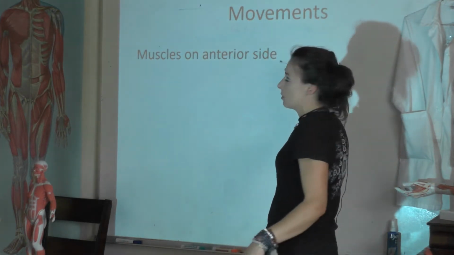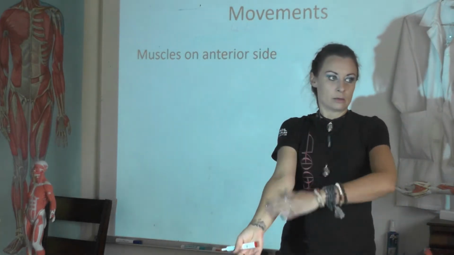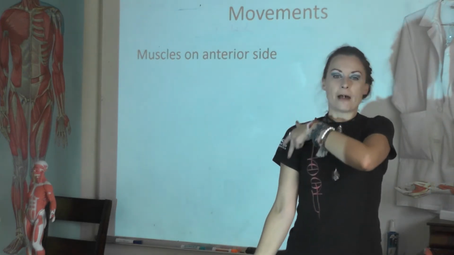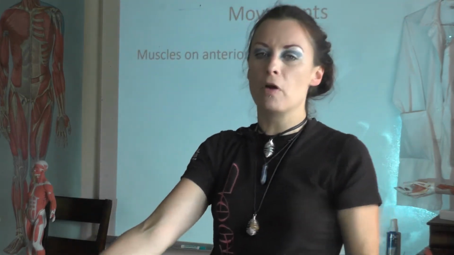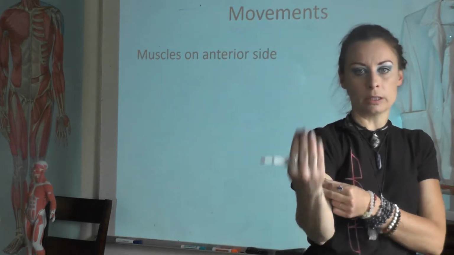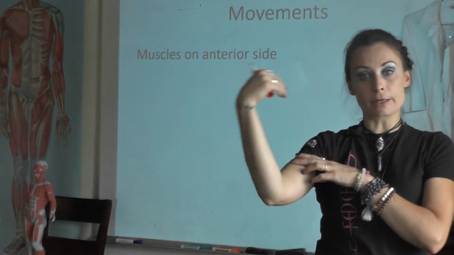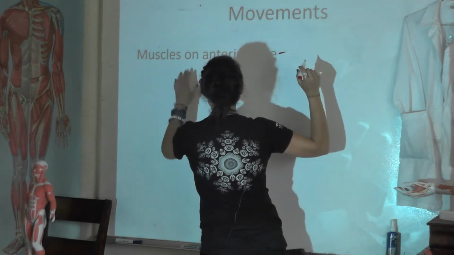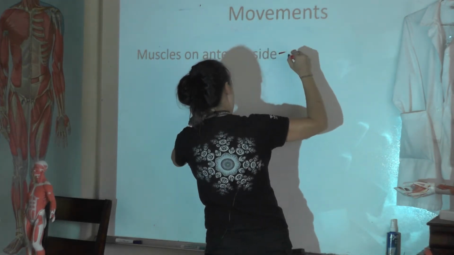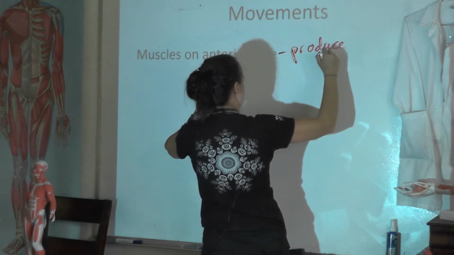So let's just imagine for a moment that we're a muscle on the anterior side. Like I'm the anterior fibers of my deltoid, or I'm my biceps brachii or brachialis. What am I doing? What type of movement am I producing when I shorten and contract and pull on a bone? I'm producing flexion, right? So everywhere but the knee and foot, the muscles on the anterior side, when they contract, are going to, as an overall generality, produce flexion.